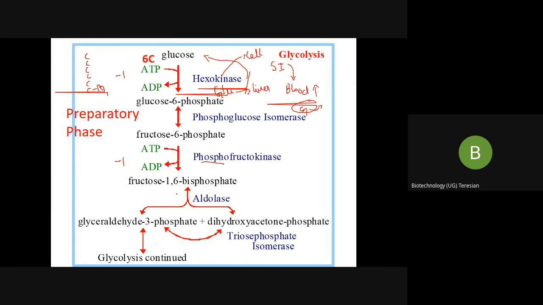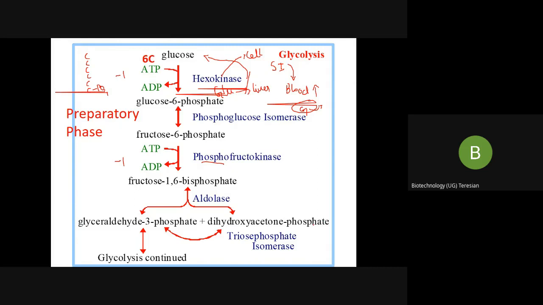In the next step, you see that the fructose 1,6 bisphosphate is cleaved by the enzyme aldolase into 3-carbon glyceraldehyde 3-phosphate and dihydroxyacetone phosphate.